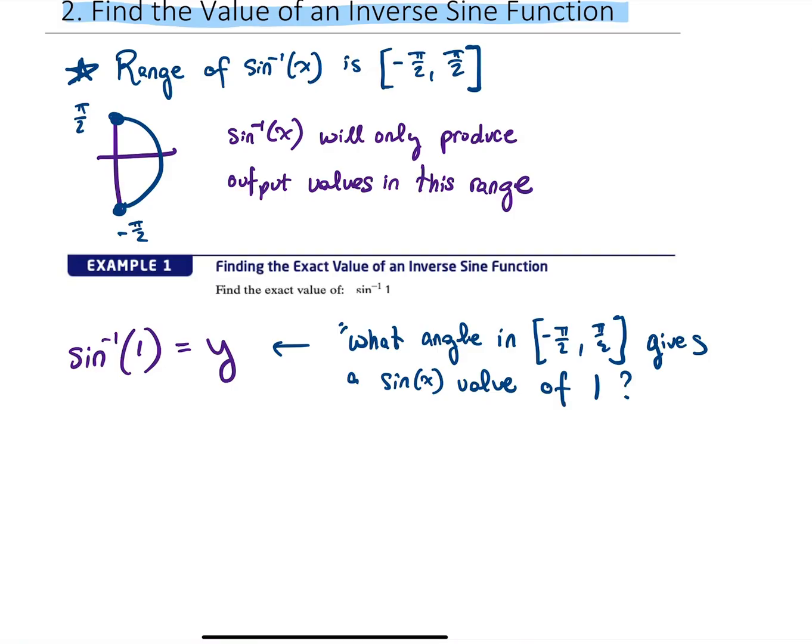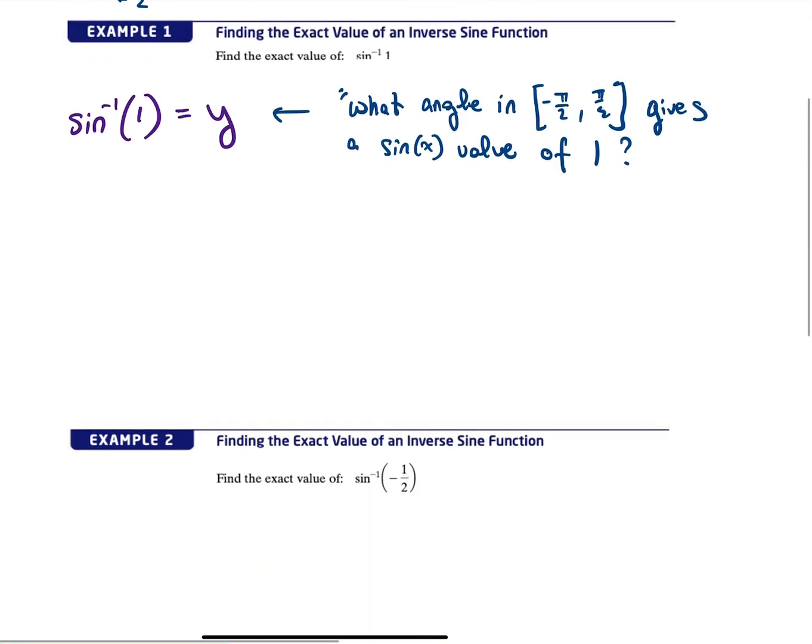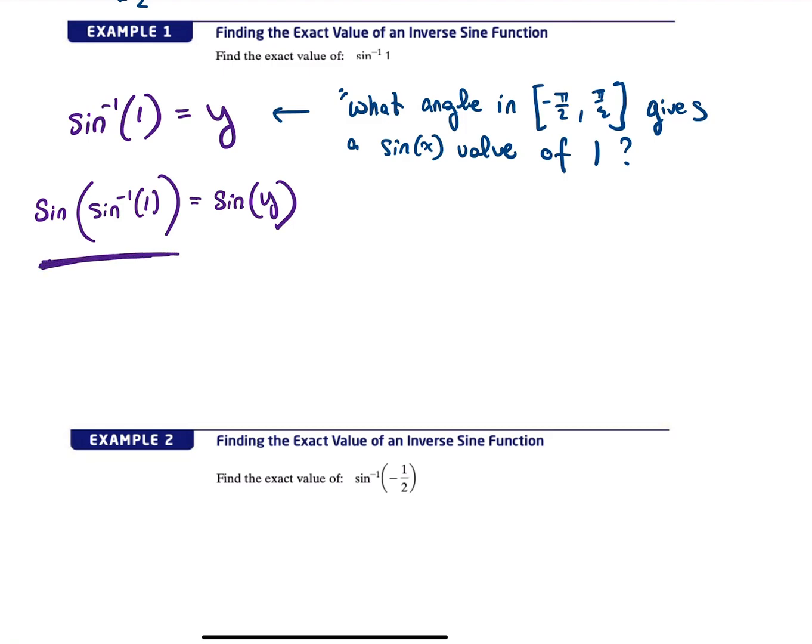And we can also do this a little bit more analytically by taking the sine of both sides. We can see that same kind of statement. If I take the sine of the left side and the sine of the right side, here we have an inverse function plugged into the original function. They're going to undo each other and we'll just get what is inside, just that 1.